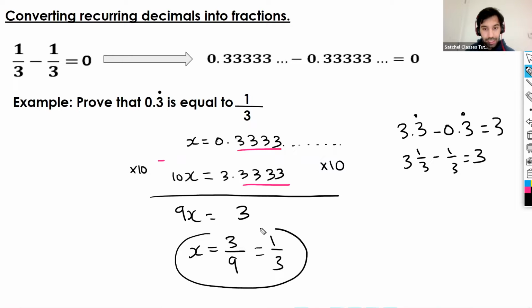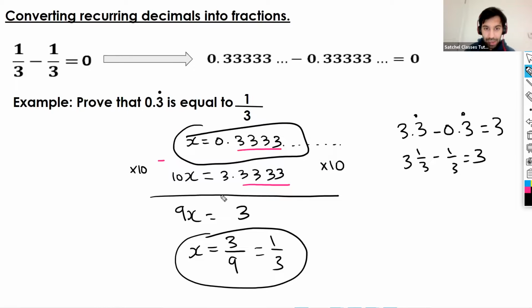So x is equal to 1/3, and that goes from this statement that we've made here. We said let x be equal to 0.333 recurring. We wrote 1/3 as a recurring decimal, and then we proved that x will be equal to 1/3. Therefore, 0.3 recurring is equal to 1/3.